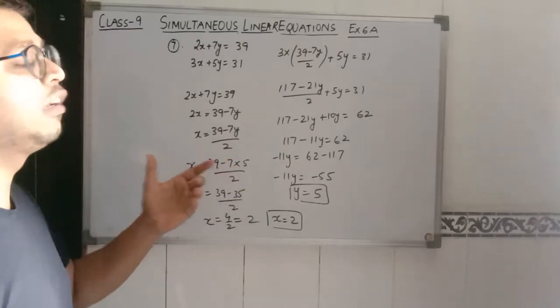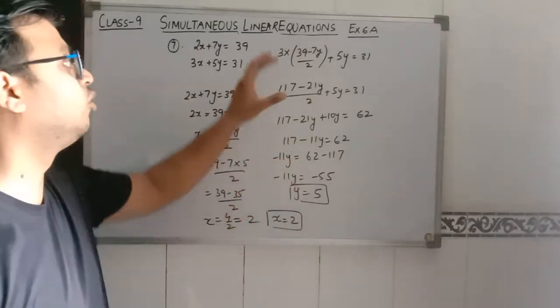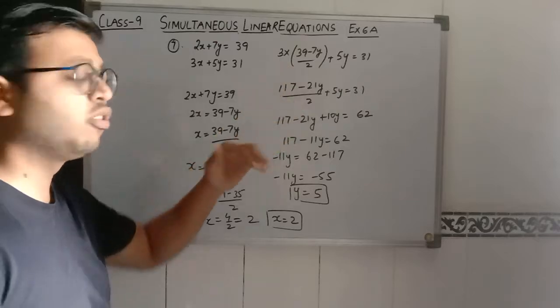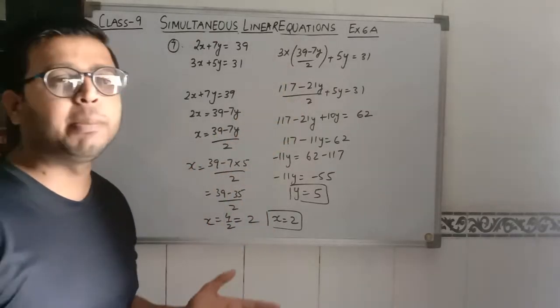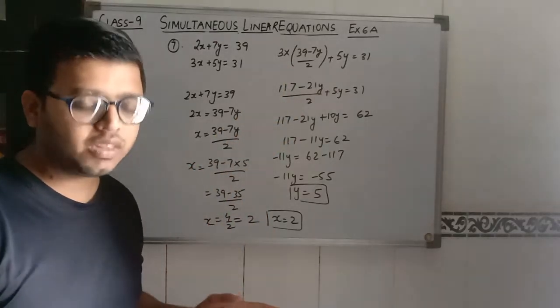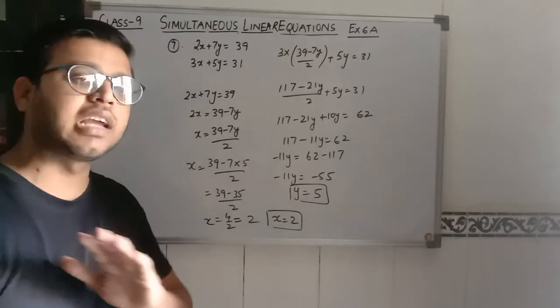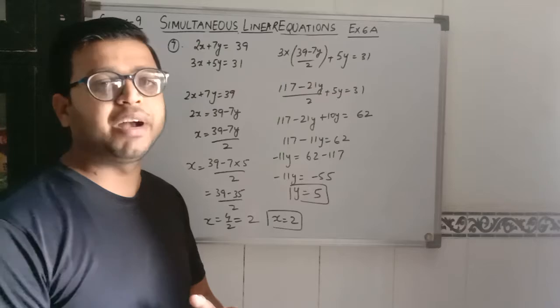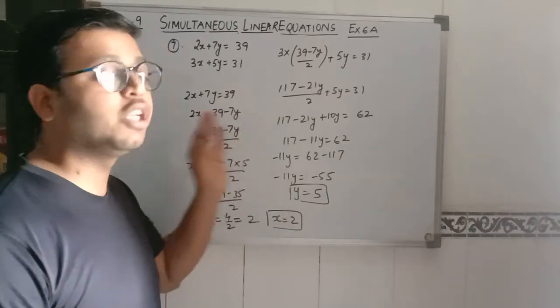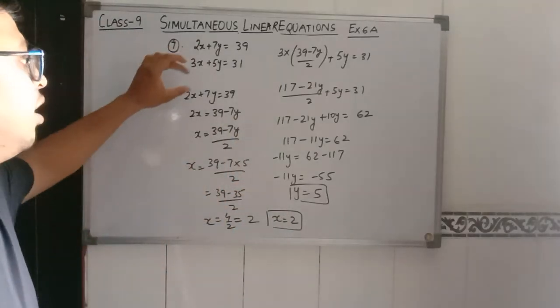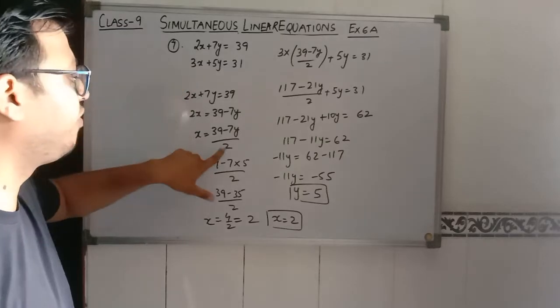So sometimes the calculation may be larger. Like in this question, when we started, the calculation was a little larger, but we don't need to panic, we don't need to be afraid, because the question will come according to the same concept. Even if the calculation is very high, no problem at all. You have to just focus on your concepts: from any of the equations, first you find the value.